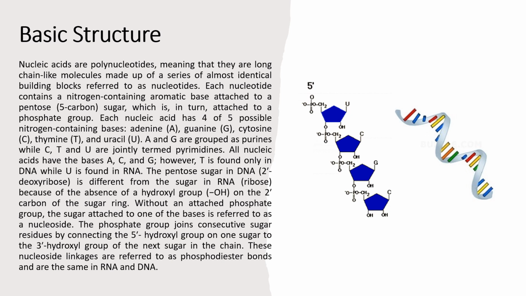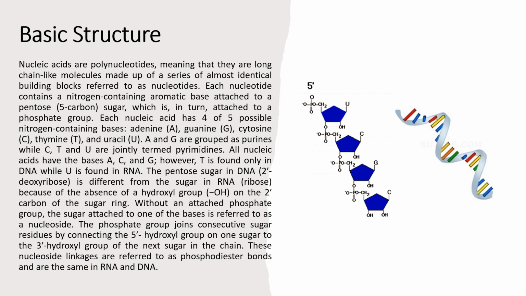The pentose sugar in DNA is different from the sugar in RNA because of the absence of a hydroxyl group on the 2 carbon of the sugar ring. Without an attached phosphate group, the sugar attached to one of the bases is referred to as a nucleoside.